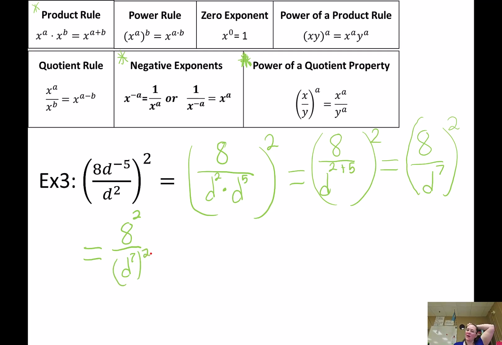So 8 to the 2nd power I can simplify, which is just 8 times 8, which gives me 64. d to the 7th to the 2nd, well, that has to use the power rule. Sorry, guys, didn't mean to cover my camera. Which just means I'm taking 7 times 2, right? Which is going to give me 64 over d to the 14th.